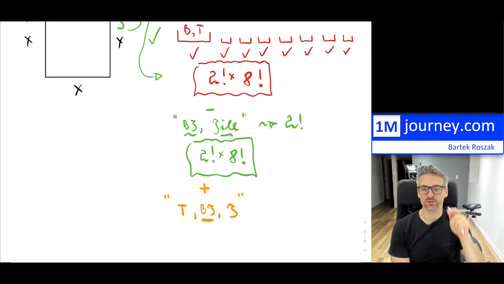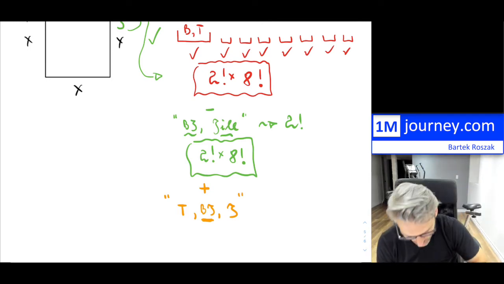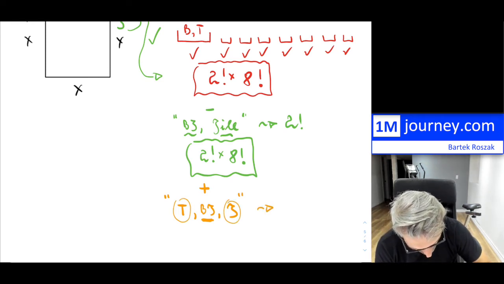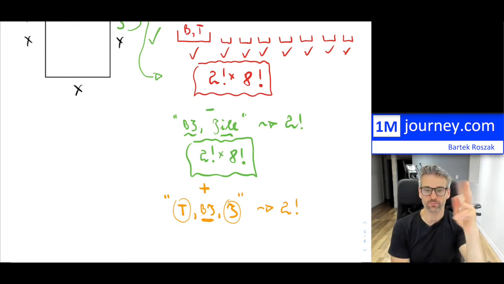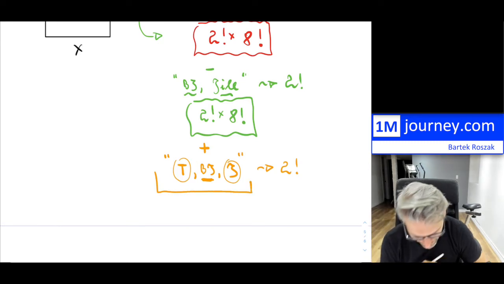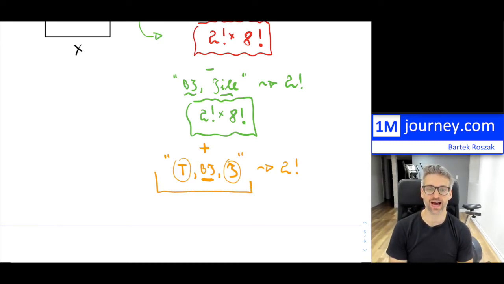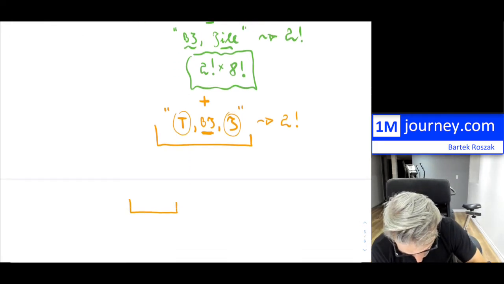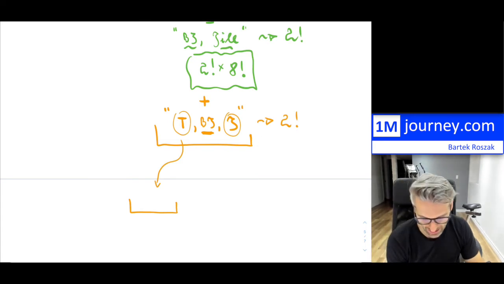It can be either Tommy, BJ, Jill, or Jill, BJ, Tommy, because Tommy and Jill can swap, and that is 2 factorial ways to swap them. And now this acts as 1 unit. So we have this big unit, and then what else does that leave me?